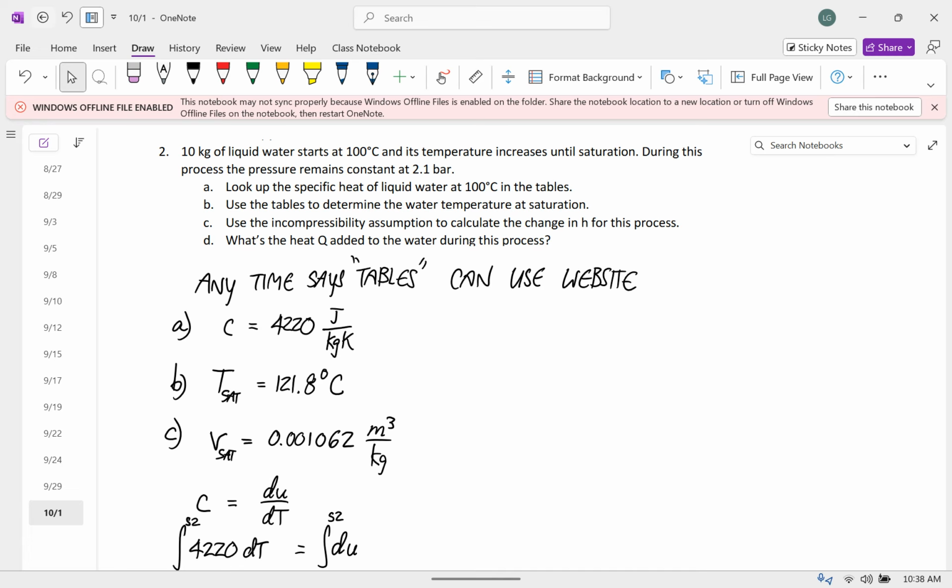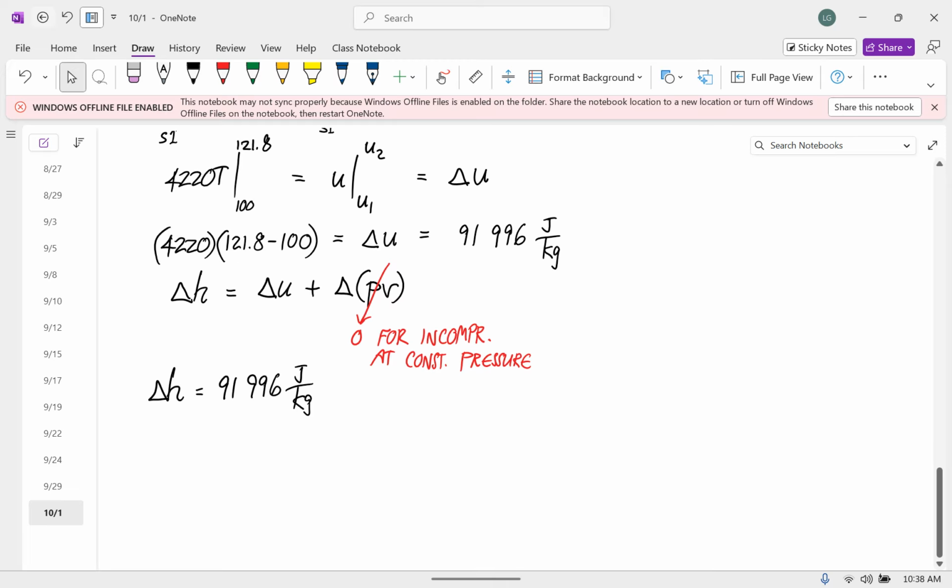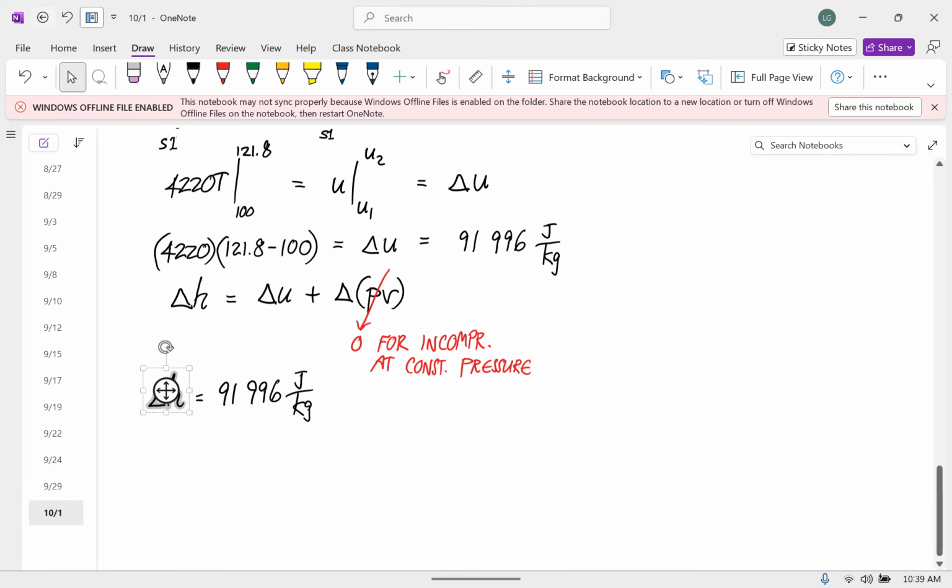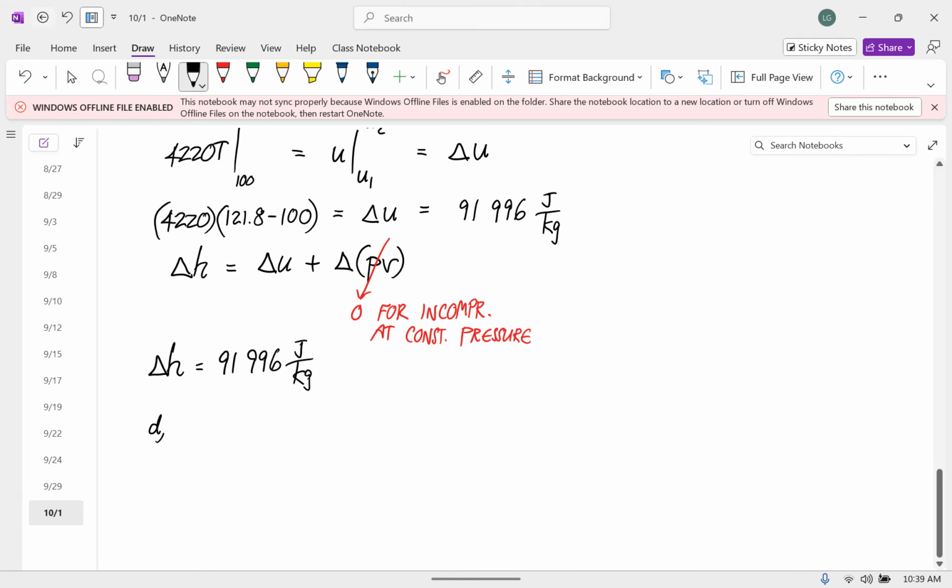Okay, what's the heat added to the water during this process? Anyone have a thought about the approach here? Well, we know some stuff about energy. We're trying to find something about heat, which should trigger the first law of thermodynamics in your head.